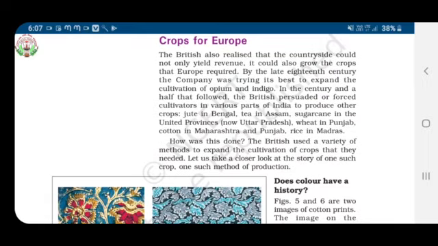opium and indigo. So, opium is a plant based naturally occurring narcotic that is derived from the sap of unripe bulbs of the poppy plant.